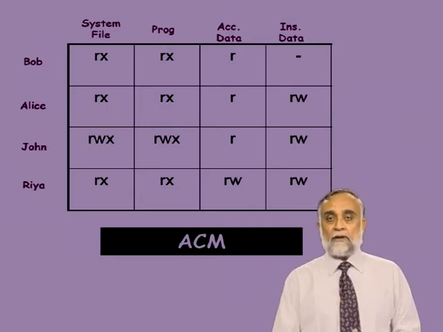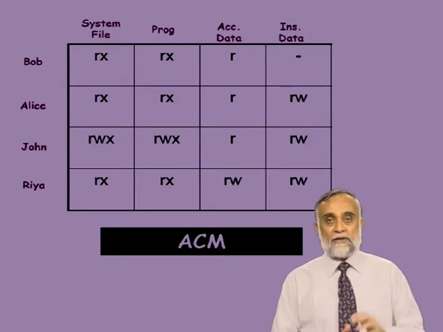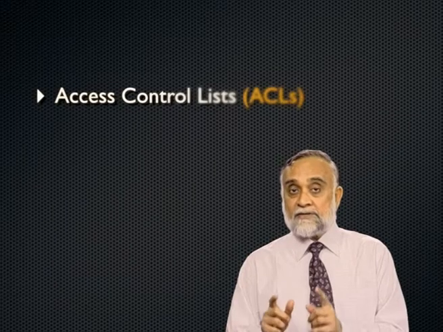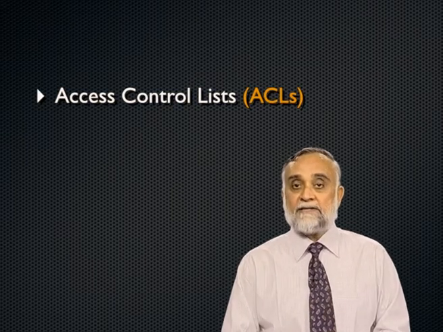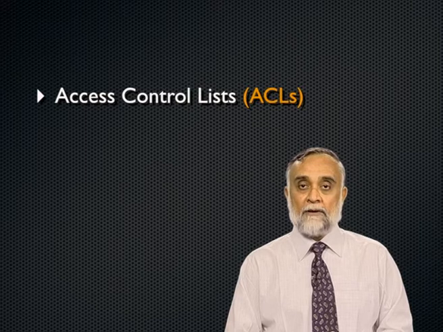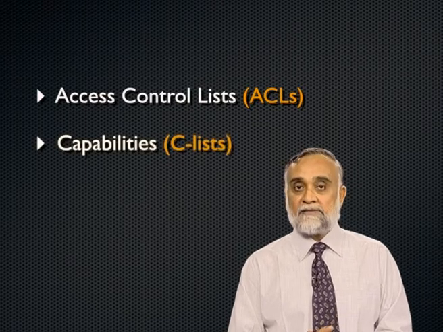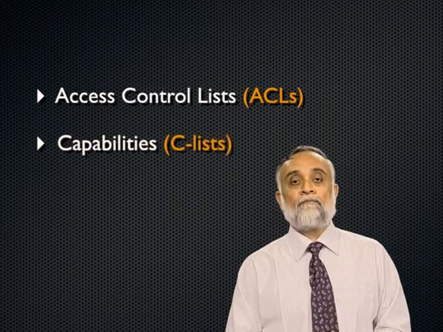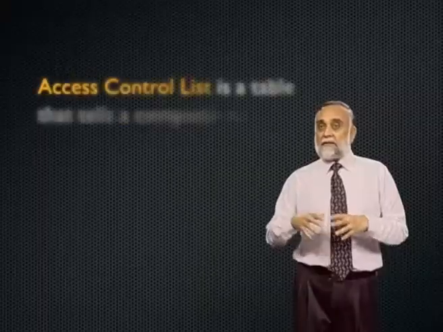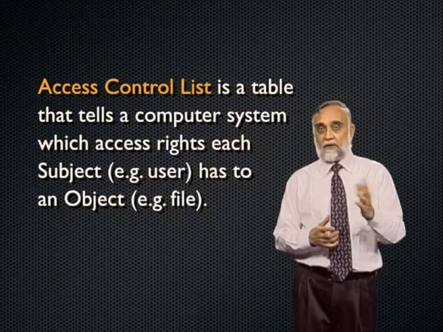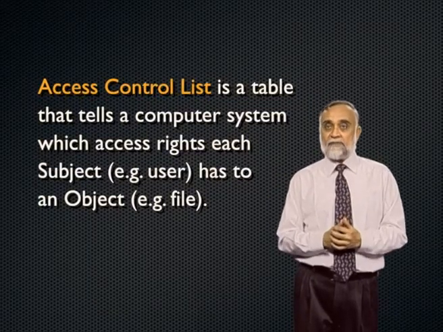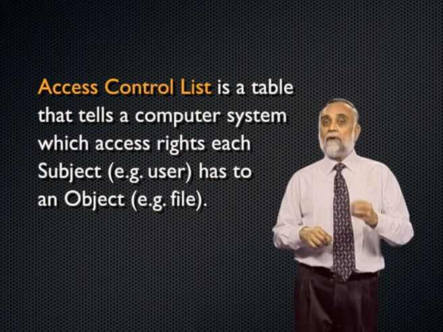Two fundamental concepts used for checking the authorization are access control lists, in short ACLs, and capabilities, that is C lists. An access control list is a table that tells a computer system which access rights each subject, for example a user, has to an object, for example a file.